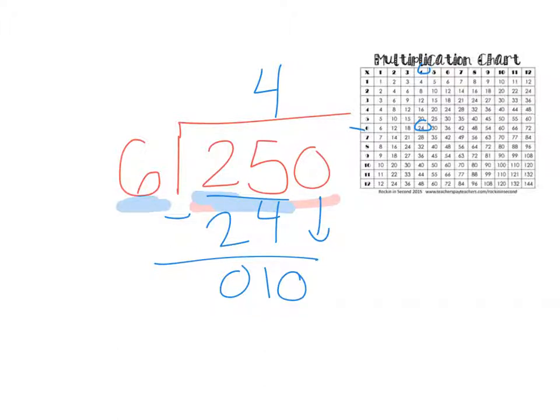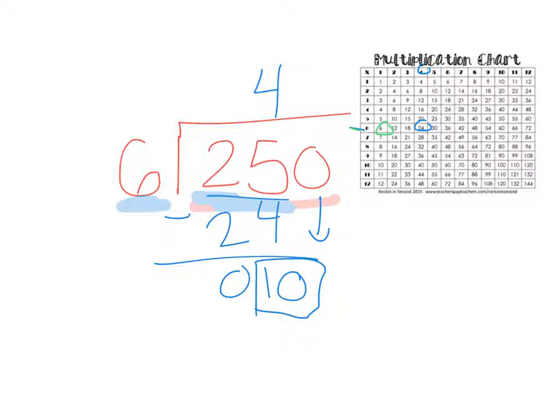So let's think here. How many times can we make 6 groups out of 10? If I have 10 M&Ms and I want to give them to 6 students, how many M&Ms is each student going to get? Well, looking again at our multiplication chart and our 6s, we can see that without going over, the closest we're going to get is 1.